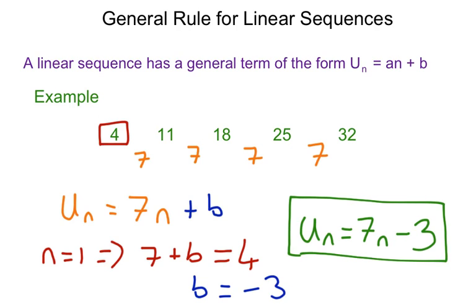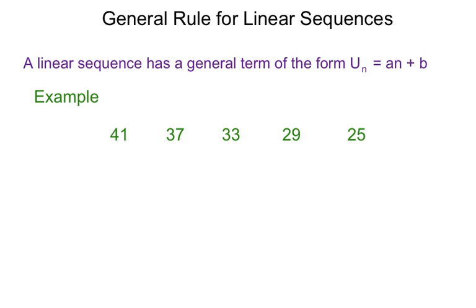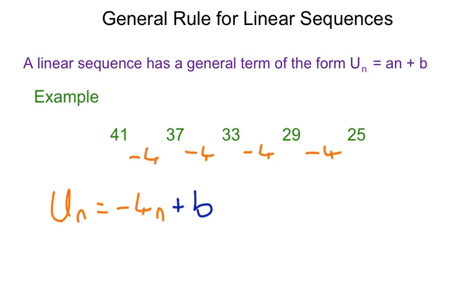Let's take a look at one more example. This time we have a decreasing sequence. Again, the first thing we do is find the differences. Minus 4, minus 4, minus 4, minus 4 every time. So we have un is equal to minus 4n plus b. Again, we don't know what b is yet.